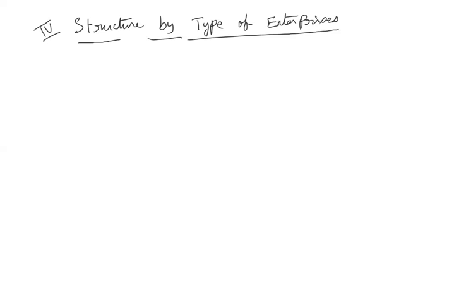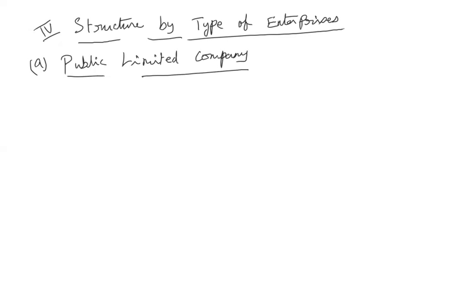Under that, the first one we have is the public limited company. Don't get confused with the public sector enterprises. Public sector enterprise is different, public limited company is different.